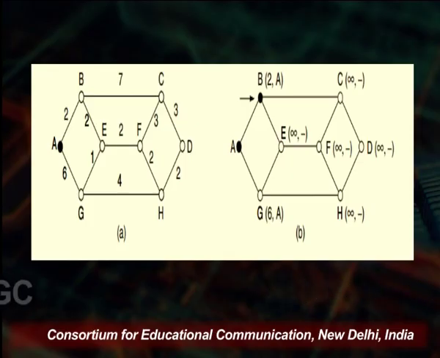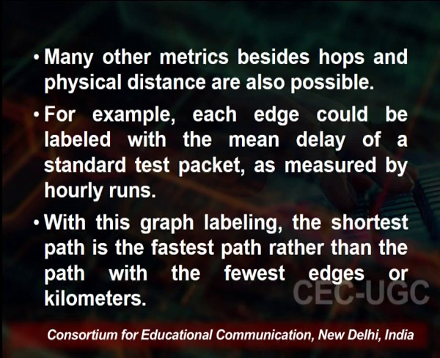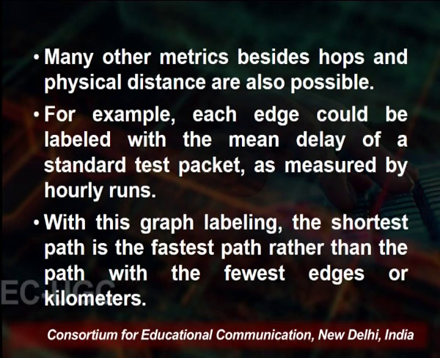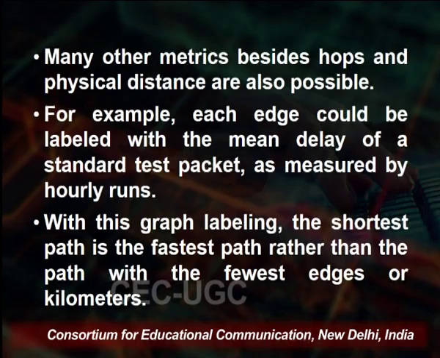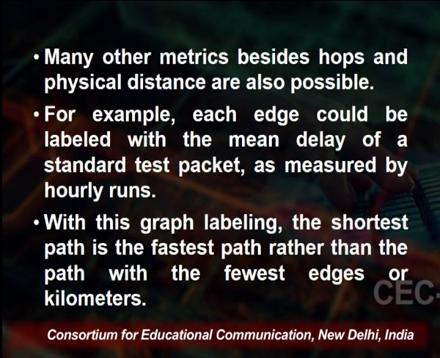So, these are the two criteria which are very common. Besides hops and physical distance, other metrics are also possible. For example, you can label each edge with the mean delay of a standard test packet.